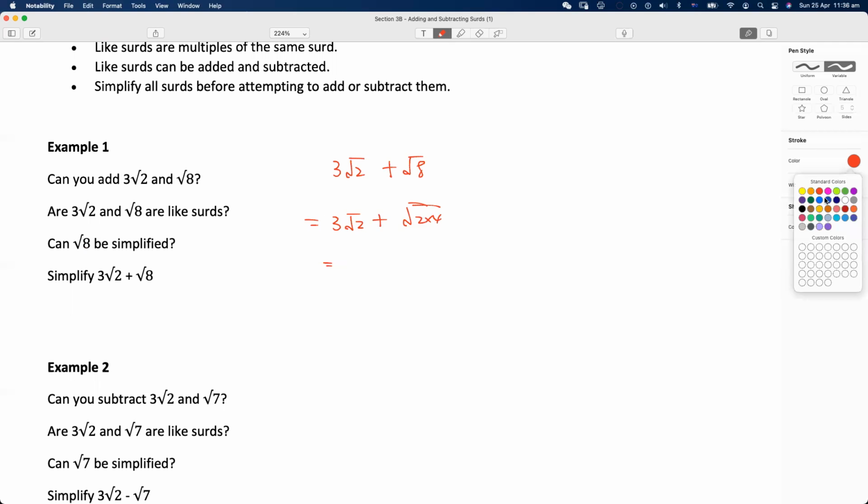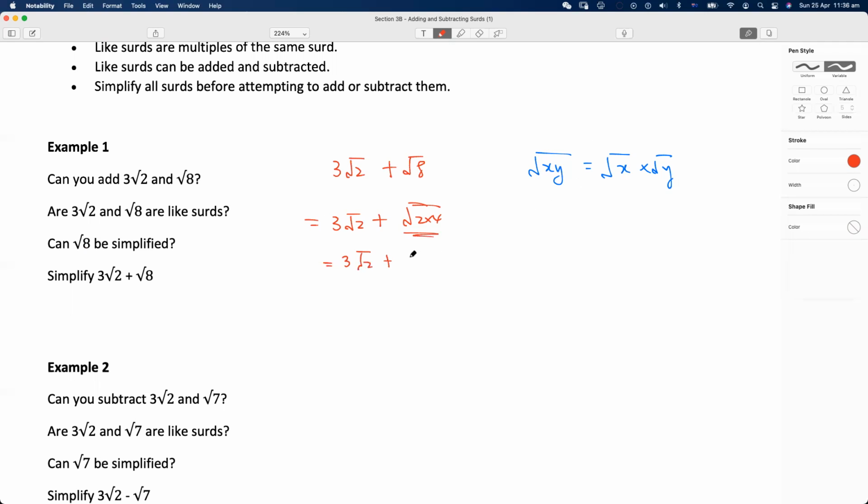Remember, we had the formula square root of x times y is going to be equal to square root of x times square root of y. So this could be split up into 2 parts. So it's back to here, 3 root 2 plus, by applying this, we have square root of 2 times square root of 4, which we like because square root of 4 can be simplified as simply 2, okay?